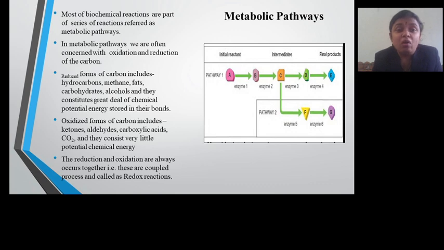While oxidized forms which are produced as a result of catabolic processes include ketones, aldehyde, carboxylic acid, and carbon dioxide, and they contain very little potential chemical energy. The reactions that involve reduction and oxidation always occur together. These are coupled processes called redox reactions.